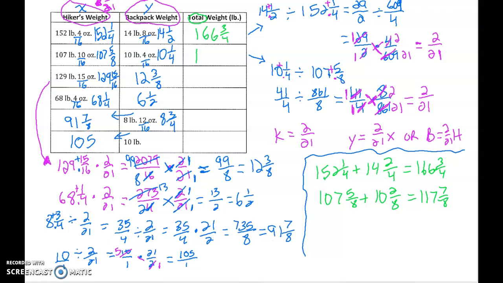So I hope you can see, and I'm just going to fill out the rest of this column here, I hope you can see that the work we're doing here, although it's a little more involved, is the same work we've been doing. Find a constant and then use the equation or the idea of multiplying or dividing to find out your missing values in the table.